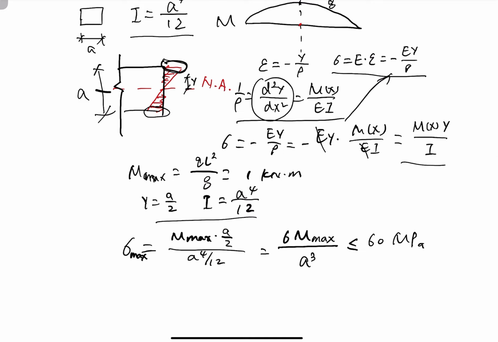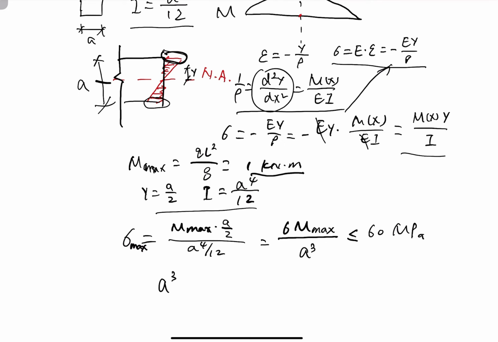The maximum bending moment is 1 kilonewton meter. Then we can calculate a cubed, which is equal to 1.0 times 10 to the negative fourth power. This gives the dimension a.